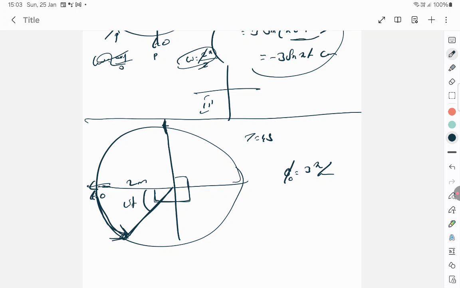So this is 3 pi by 2, and this is omega t. Since it's rotating through like this, I should be writing 3 pi by 2 minus omega t.